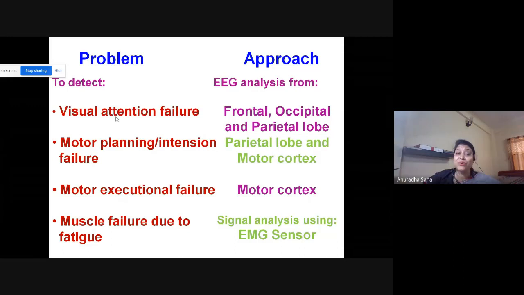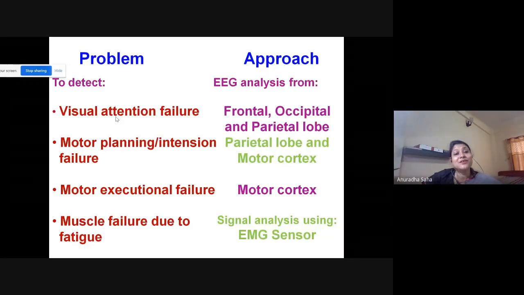Because whenever we see a change in traffic light from green to red, automatically we need to press the brake, right? That motor action must be performed within a stipulated time. We don't have an ample amount of time. Otherwise we can experience an accident or some kind of violation of traffic rules.